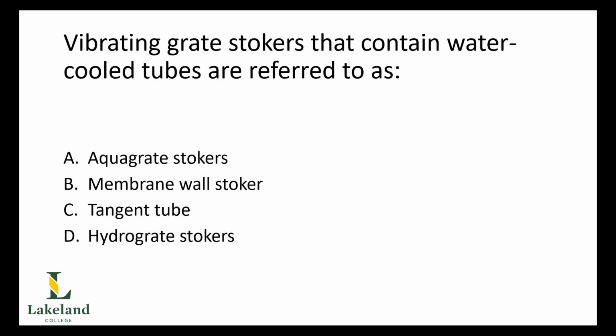Next question. Vibrating grate stokers that contain water-cooled tubes are often referred to as what? Are these aqua grate stokers, membrane wall stokers, tangent tube, or hydro grate stokers? Hopefully that's a fairly easy question. Water, hydro, answer, hydro grate stokers.